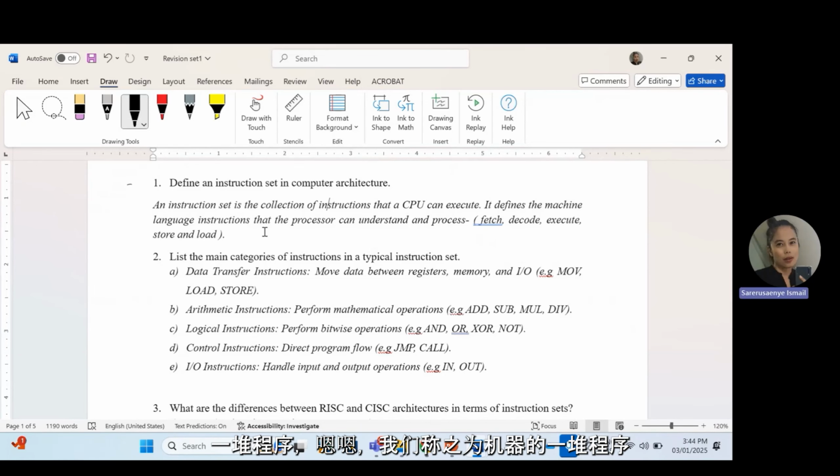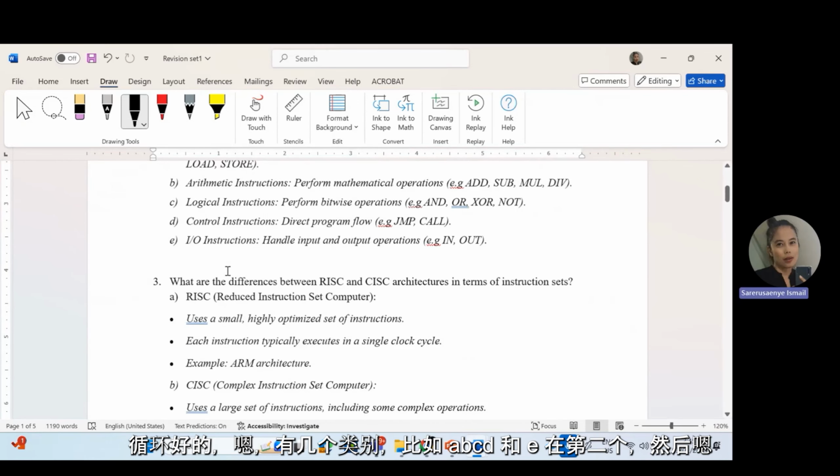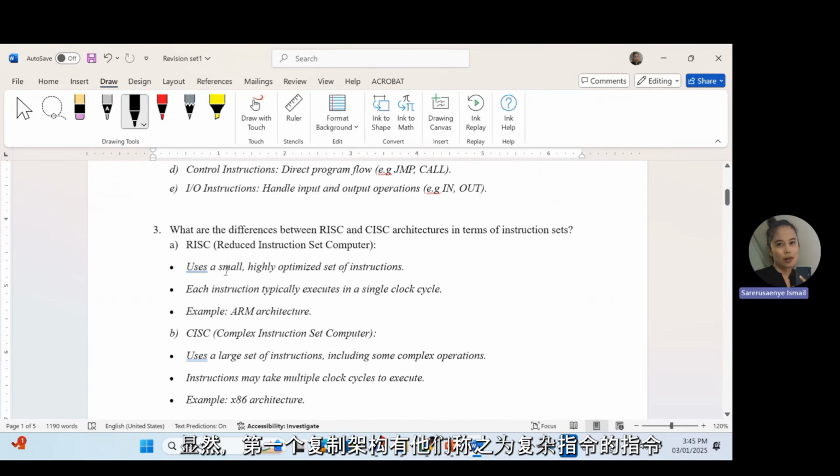It is a bunch of programs for the machine cycle. It has a few categories like A, B, C, D, and E in number 2. And obviously the first of the computer architectures with instruction sets are called complex instruction and reduced instruction. What is a complex instruction?